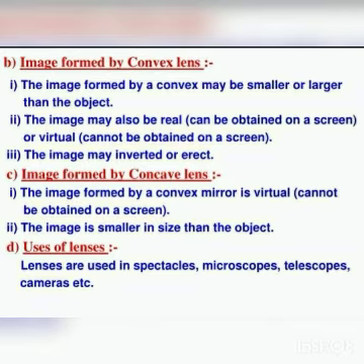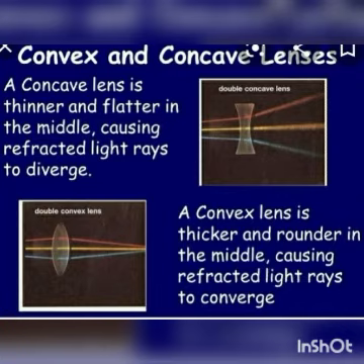So what are the uses of lenses? Lenses are used in spectacles, meaning glasses, and in microscopes, telescopes and cameras. In these instruments we use lenses. The concave lens is thinner in the middle, causing refracted light rays to diverge.